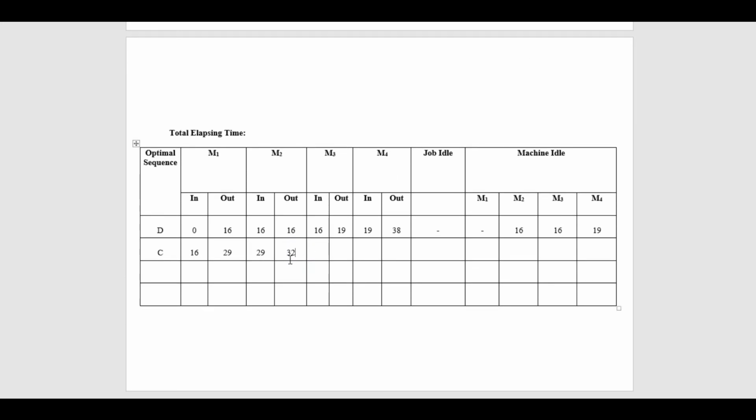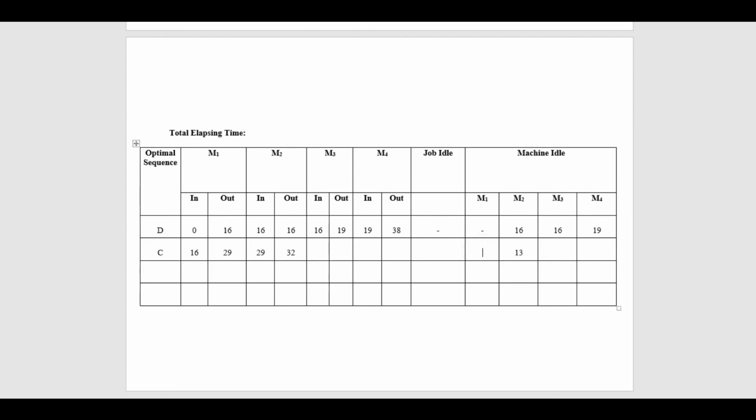Here we have to find out the machine idle time. Machine 2 is ready at 16th minute for the next job, but the job can be loaded into the machine at 29th minute only. So machine M2 should be idle for about 13 minutes.